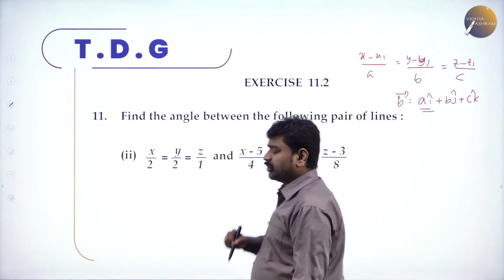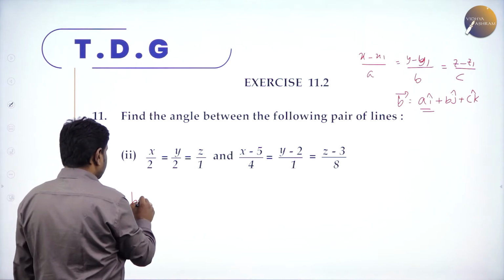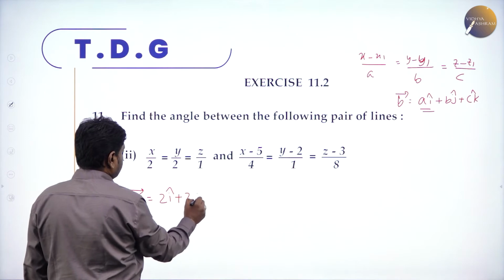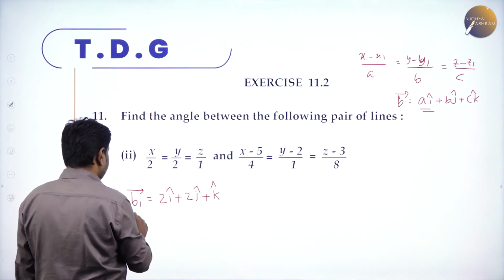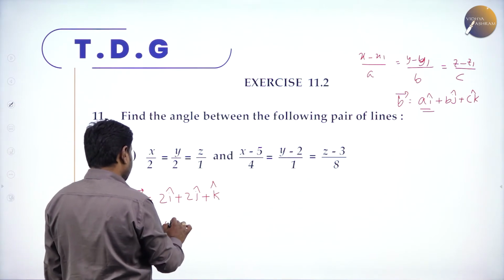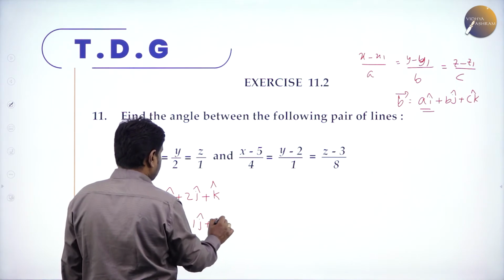So now the same task we'll do for the first line. For the denominator, if you put i, j, k, we'll get b1. What is b1? 2i cap plus 2j cap plus k cap. And for the second line, b2, for the denominator you write i, j, k: 4, 1, 8, that is 4i cap plus 1j cap plus 8k cap.